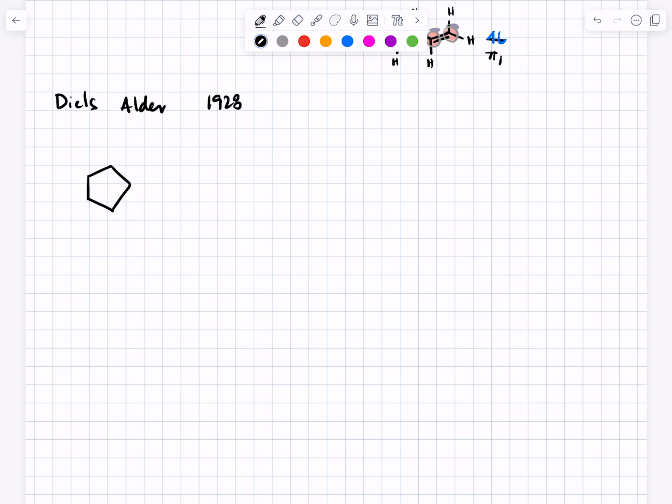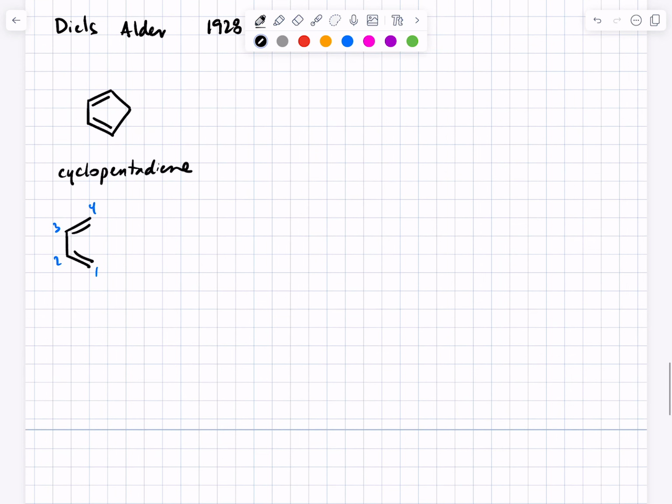But one of their discoveries was the following reaction. That is called cyclopentadiene. It's like 1,3-butadiene, only you forced the two double bonds to be sort of close to each other.